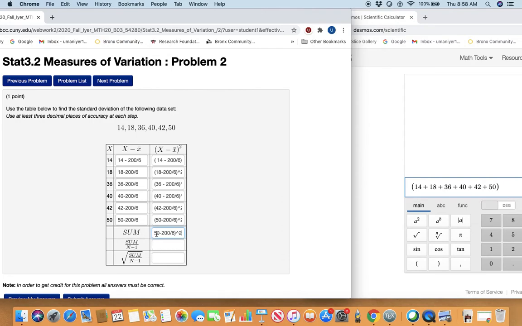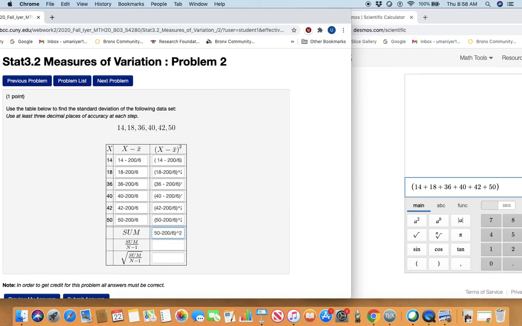Now the next one is n minus 1. I'm going to take that sum, divide by n minus 1. 1, 2, 3, 4, 5, 6. That's n. So 6 minus 1 is 5. So I'm copying all of that. Whoops. Did I miss everything?